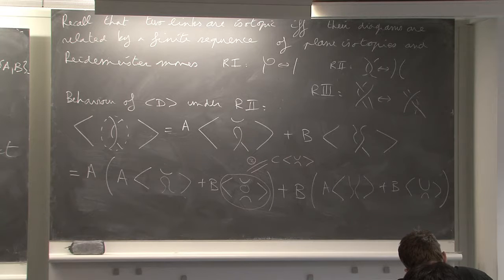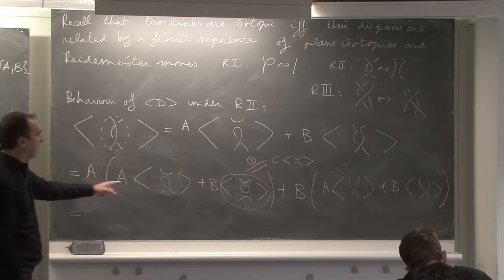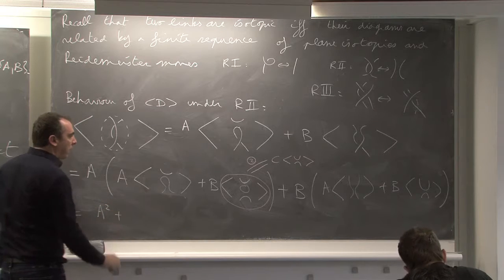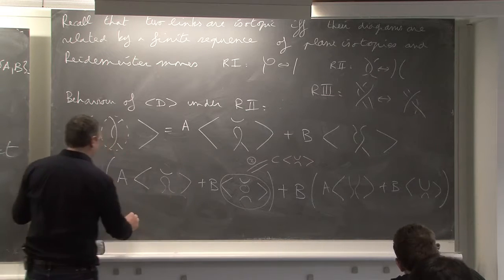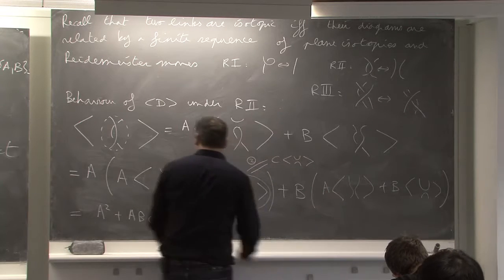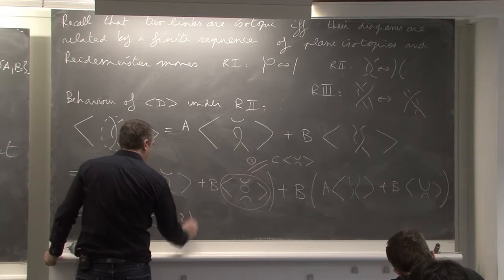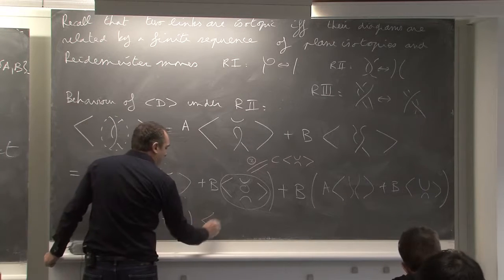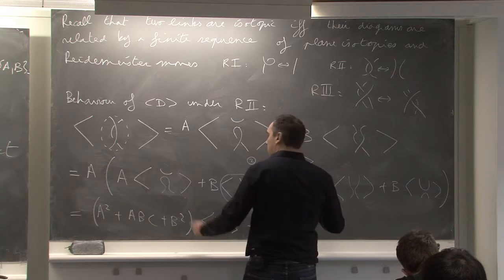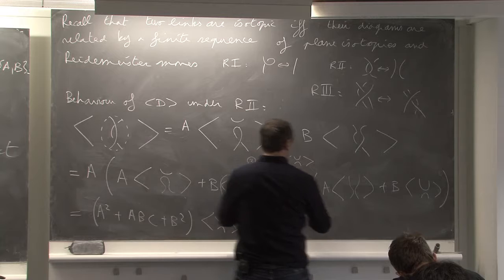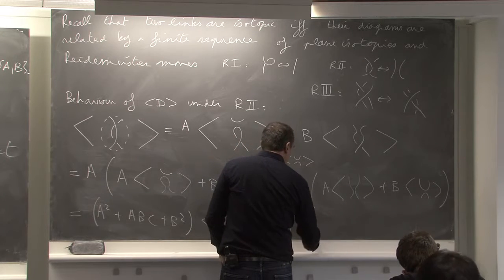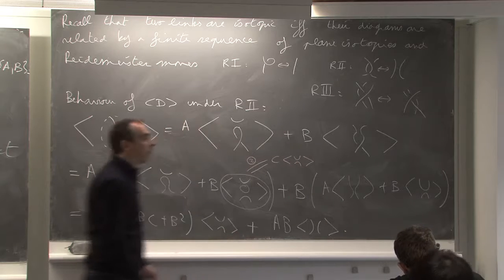And so what we obtain is, so A square plus ABC plus B square times the polynomial of this plus, well, AB. Okay.